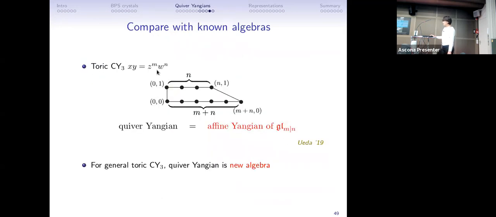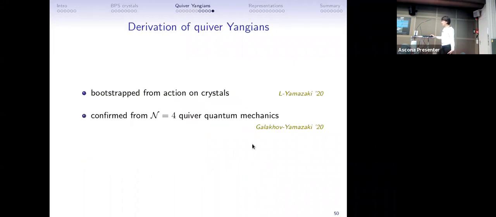For this special class of toric Calabi-Yau, it reduces to the affine Yangian of gl(m|n), and for the generic ones, our algebra seems to be new. So I explained how you bootstrap the algebra from its action on the crystal. Later it was confirmed by a direct equivariant localization from quantum mechanics by Galakhov and Masahiro Yamazaki.